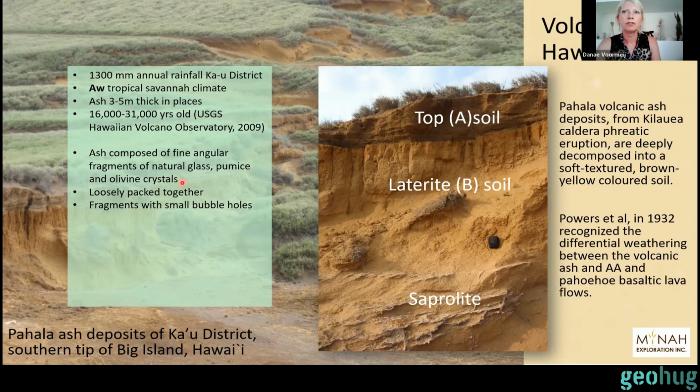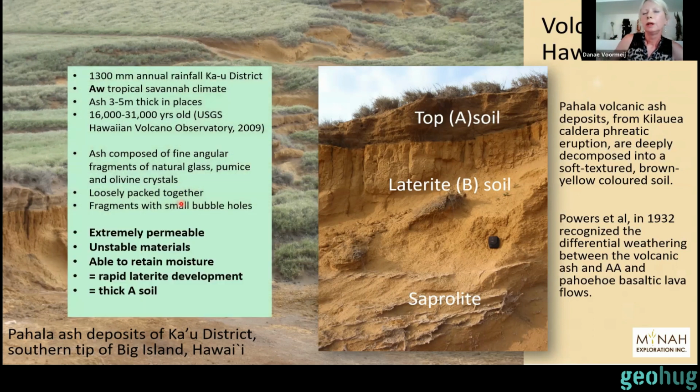The ash is composed of natural glass, pumice, and olivine crystals that are loosely packed together, and fragments have small bubble holes. So what that means is it's extremely permeable with unstable materials, and it can hold moisture. And it's said that these soils, in fact, are almost always moist. So hence the deep laterite development on such a young rock or volcanic ash flow.